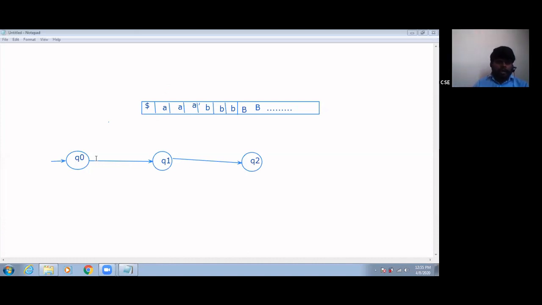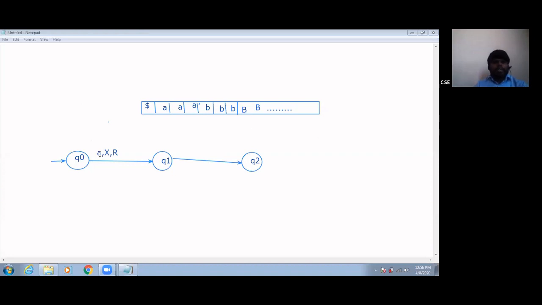Whenever the input symbol is A, I am replacing it with some symbol X, and I am moving right hand side. This is a transition. This way you have to define the transitions.